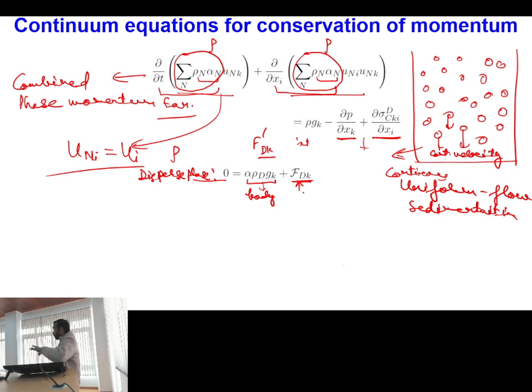Now F is including all interaction forces. The third was surface forces at the boundary of the control volume. The dispersed phase is not present at the boundary, so these surface forces will also be equal to 0. So my dispersed phase momentum equation has only these two terms remaining. Okay, is this one clear?